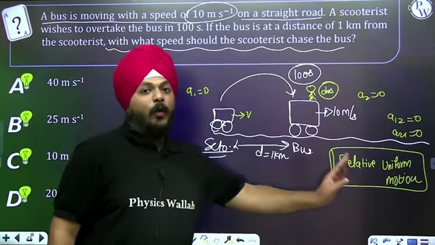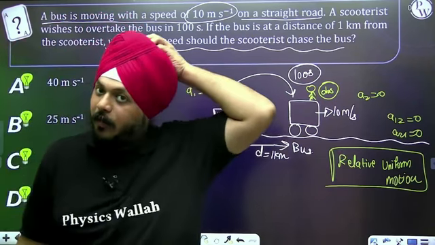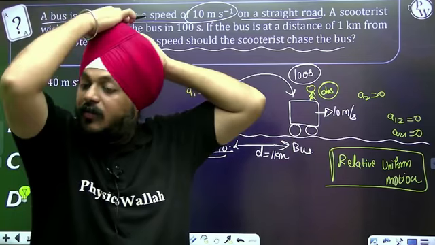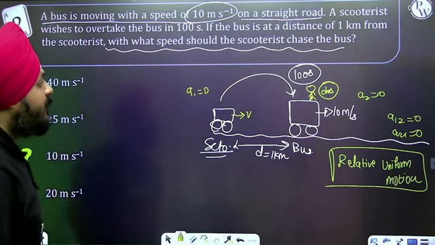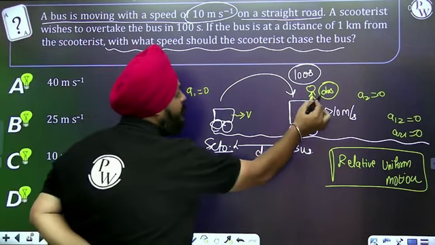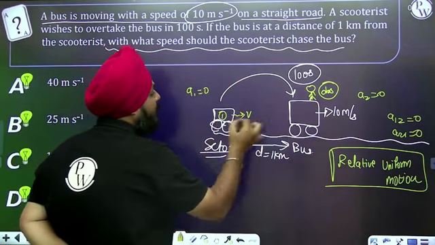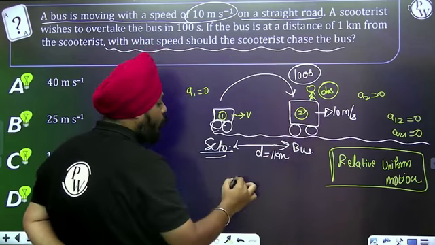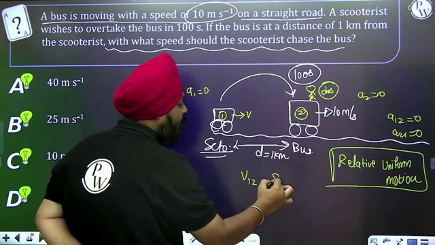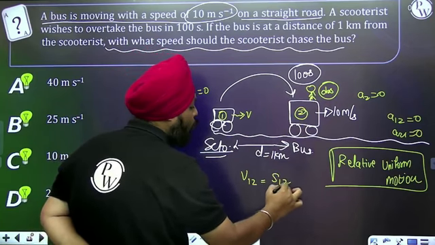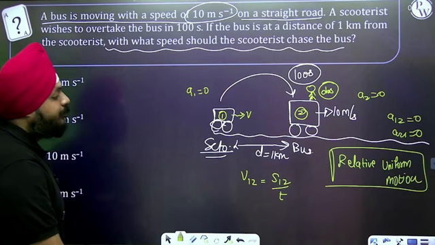So what is going to happen in the case of relative uniform motion? A simple equation we are going to use now. This is 1, this is 2. The observer is on 2. So velocity of 1 with respect to 2 is equal to displacement of 1 with respect to 2 whole divided by time.